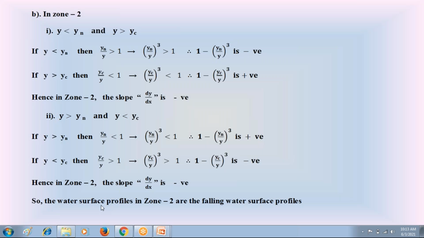Any doubts, students, regarding that dy by dx in zone 2? Please give me the response. Is my voice audible to you?